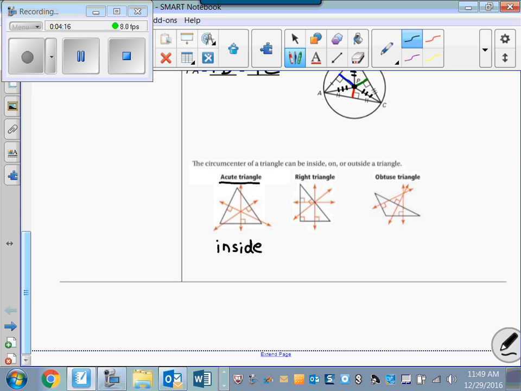If you have a right triangle, the circumcenter is going to be on the triangle. And if you have an obtuse triangle, your circumcenter is going to be outside the triangle. It's still equidistant from the vertices of the triangle, but can be inside, outside, or on. Very important that you remember that.